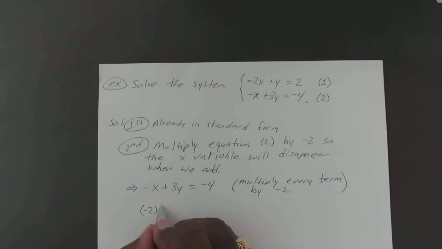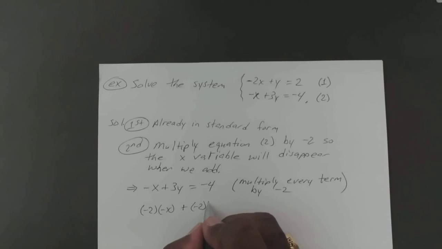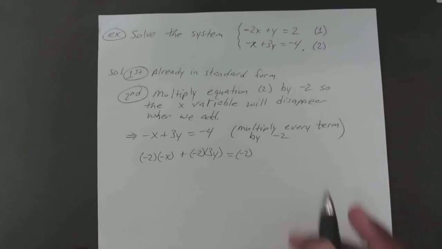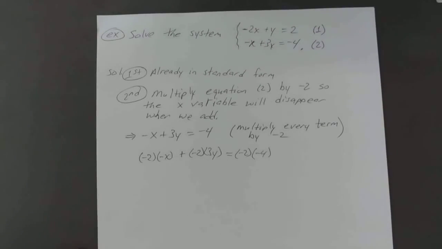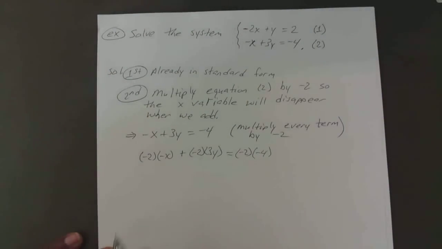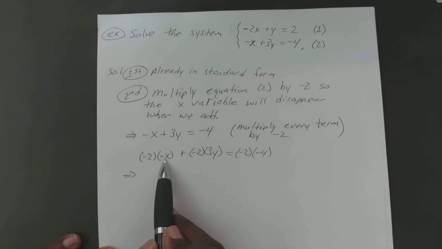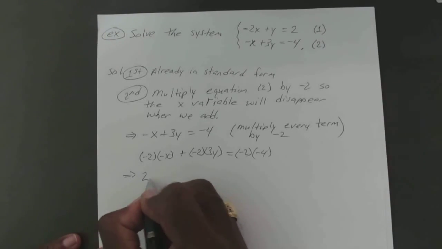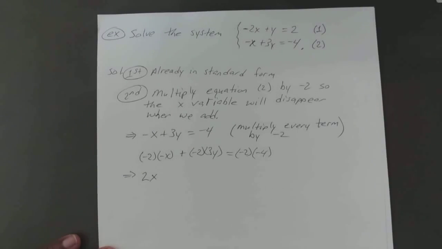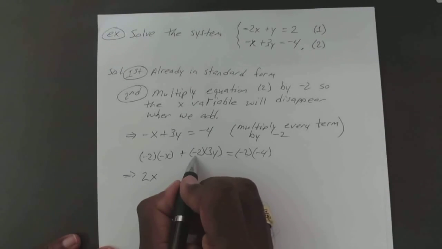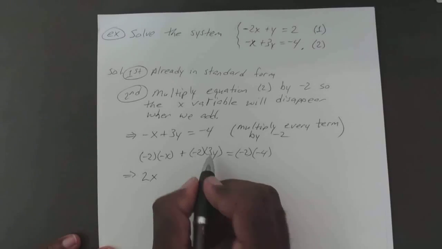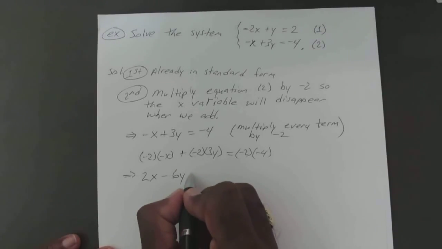So you have -2 times -x plus -2 times 3y equals -2 times -4. Okay, so we just got each one of those terms and multiplied by -2. Okay, so -2 times -x, negative and negative is positive. So we have a positive 2x. -2 times +3 is -6, so we have -6y.